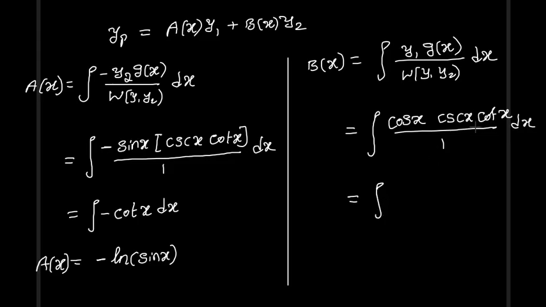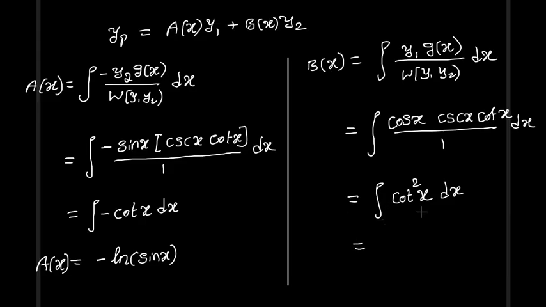This cos x into cosecant x becomes cot x, because cosecant x is 1 by sin x, so cos x by sin x becomes cot x. So cot x into cot x finally becomes cot square x into dx.